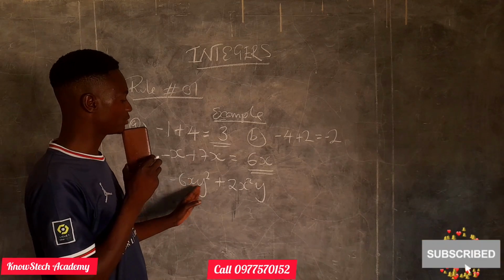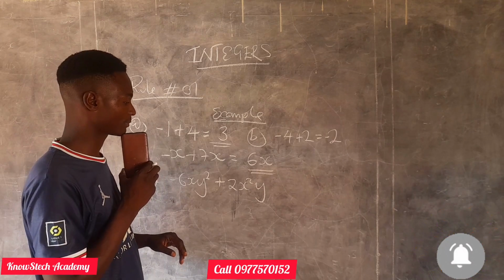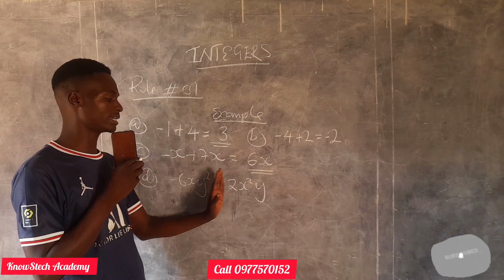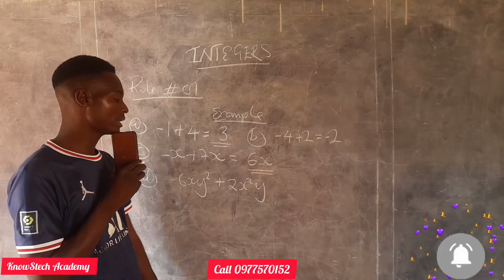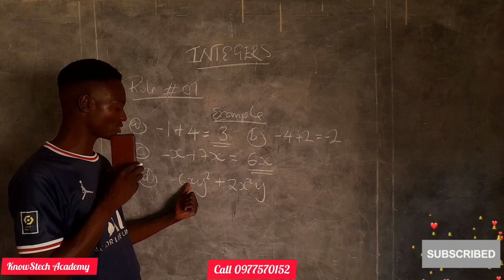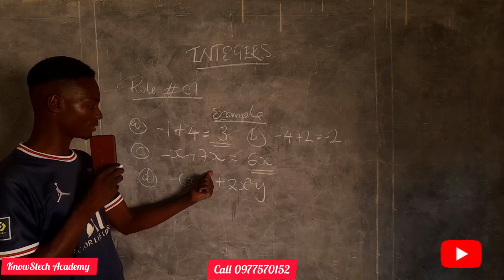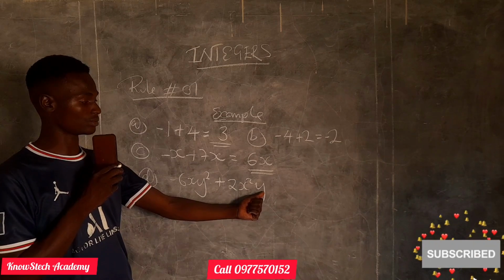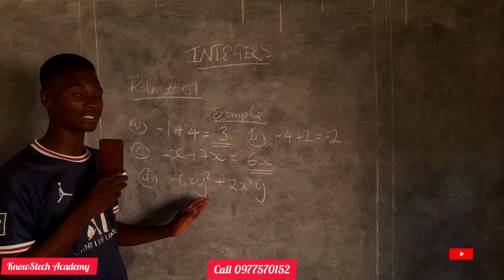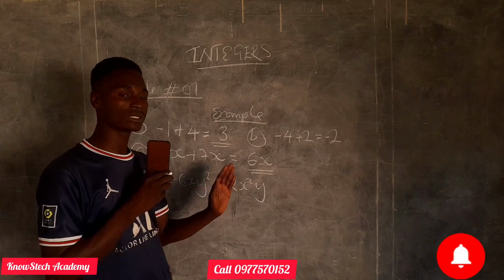Now, when you look at these two, you don't have what is common. In as much as we have x and y on both sides, they are not like terms, because this x is raised to the power 1 and the other to the power 2. This y is raised to the power 2 and this y to power 1. So they are unlike terms. Therefore, you can neither add nor subtract here.